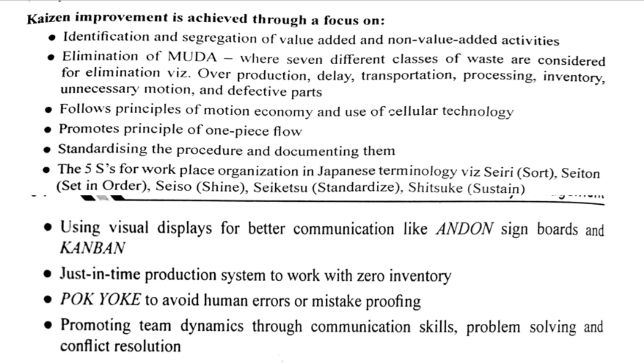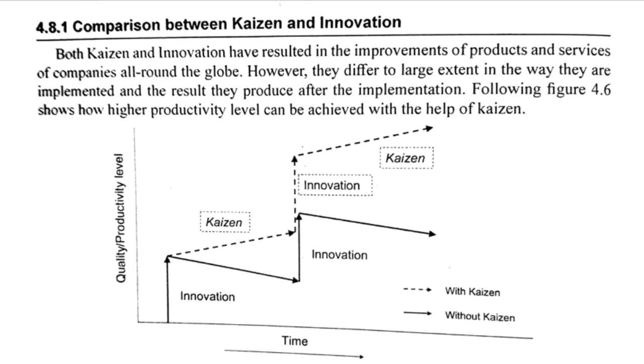Now compare Kaizen with innovation. Both Kaizen and innovation have resulted in the improvement of products and services of companies all around the globe. They differ to a large extent in the way they are implemented and the results they produce after implementation.